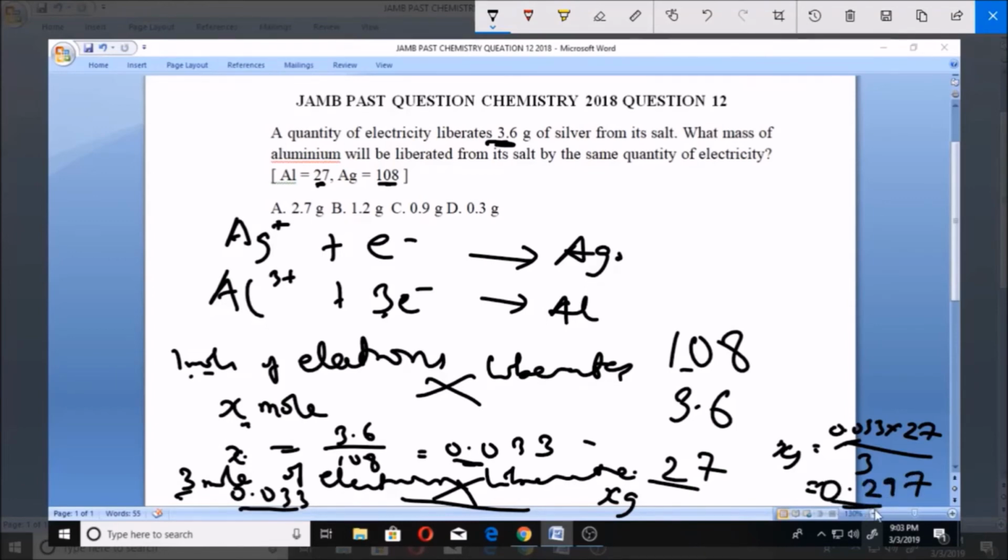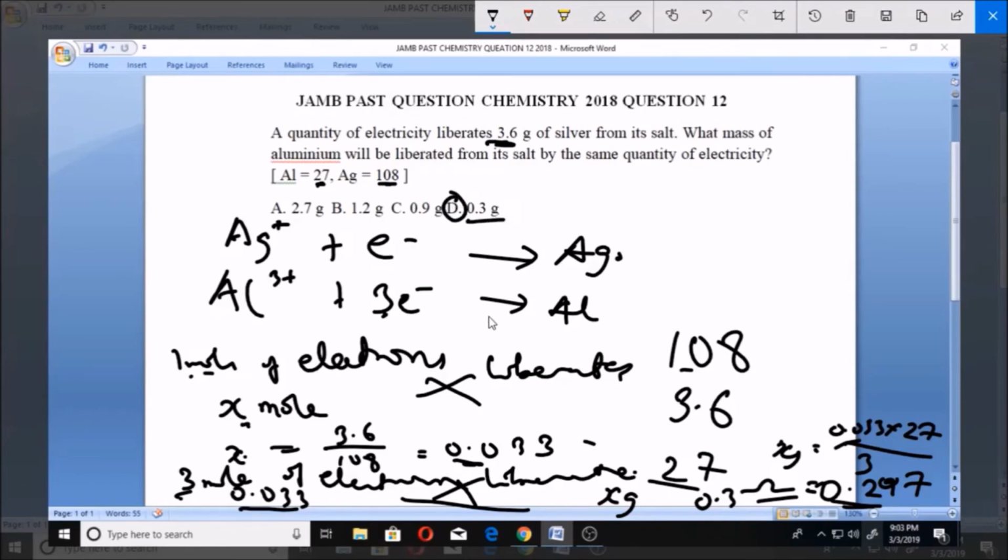So this is the mass that will be liberated, 0.297, and this 0.297 is approximately equal to 0.3, because this is 9, so you can approximate this to 0.3 gram. So the right option is going to be D, 0.3 grams.